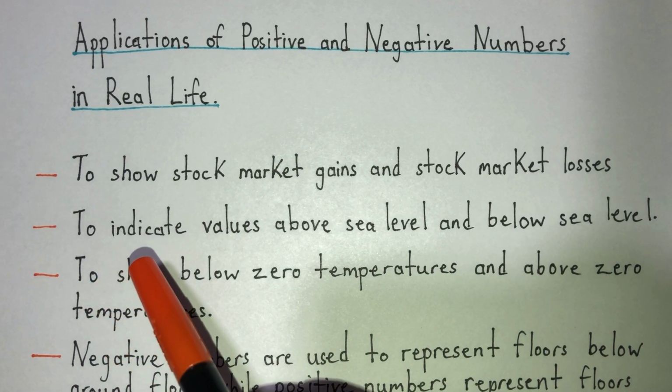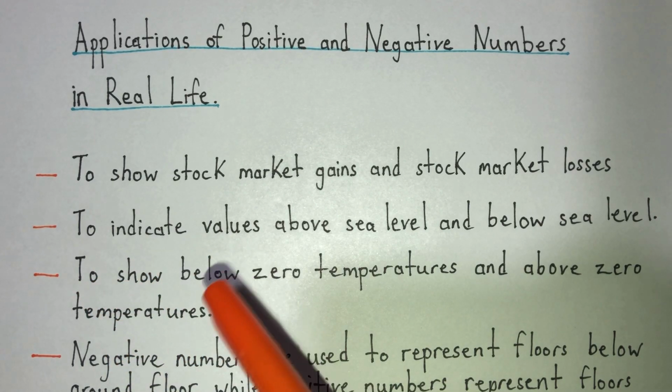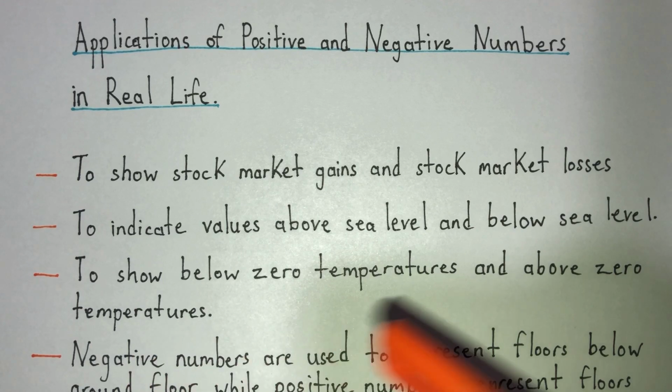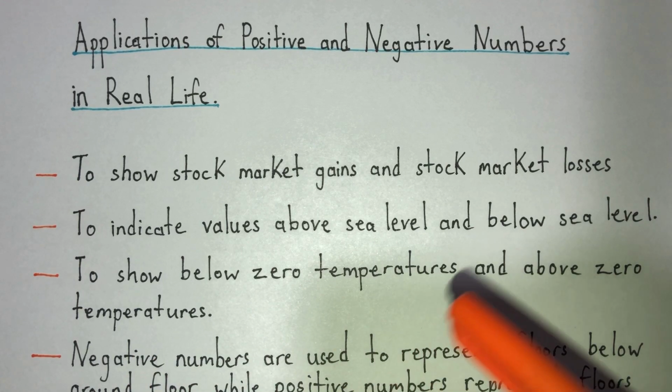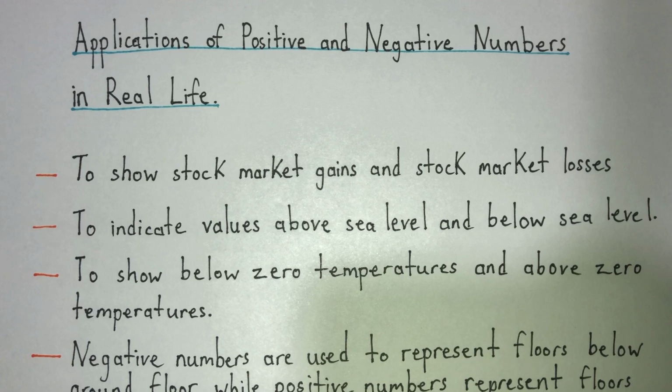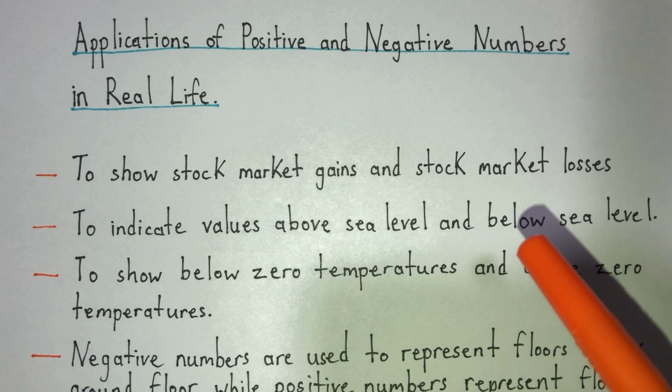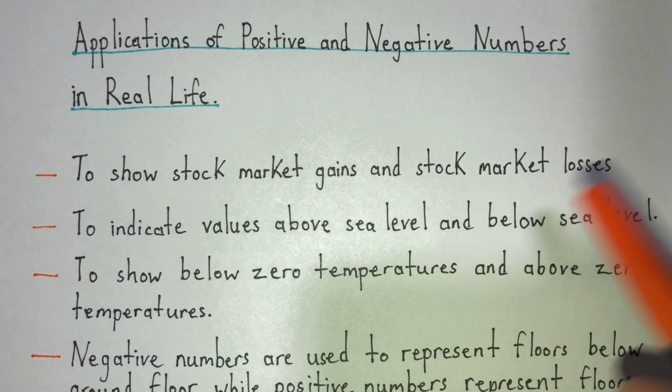They are also used to indicate values above sea level and values below sea level. A negative value would mean below sea level, while a positive value means above sea level.